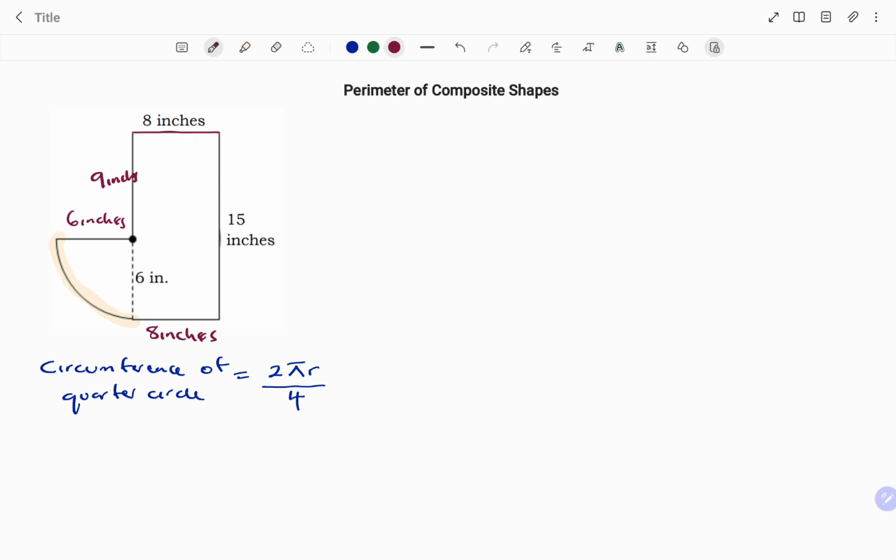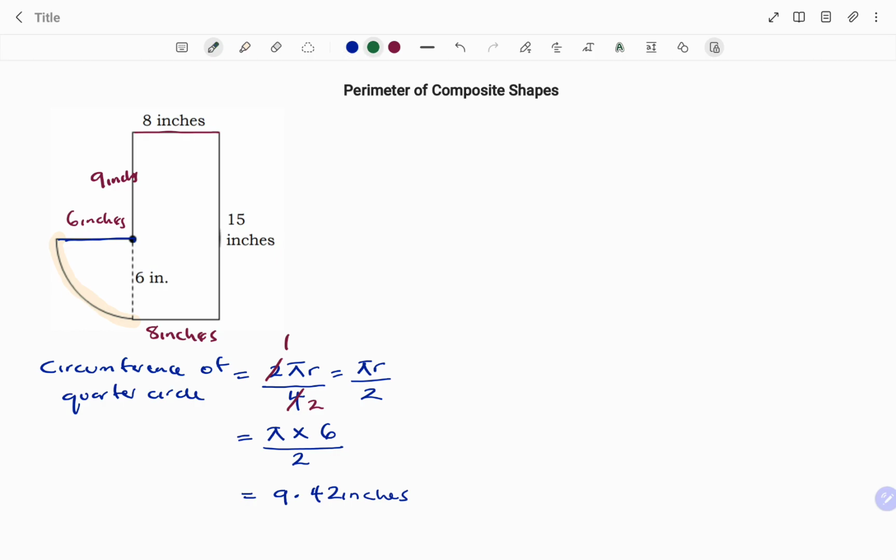Simplifying, 2 into 2 is 1, and 2 into 4 is 2. That gives us pi r divided by 2. We know that the radius is the distance from the center to any part of the circle, and that has been given as 6 inches. So we have the circumference of the quarter of a circle to be pi times 6 inches, divided by 2, which is 9.42 inches to 2 decimal places.